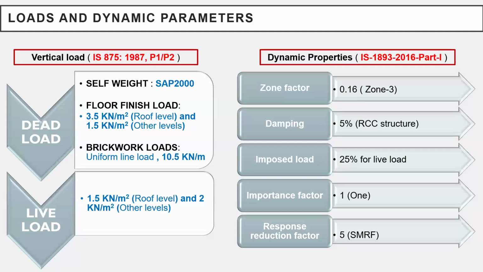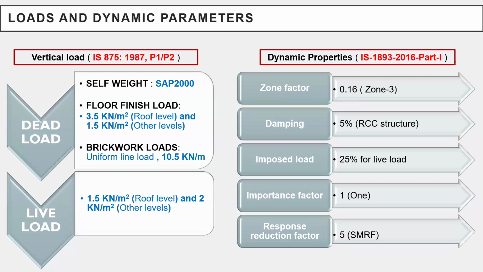Vertical loads, self-weight: by defining the density, the SAP 2000 software we have used can calculate the self-weight. Floor finish loads have been prescribed, brickwork also has been prescribed, and live load has also been considered.